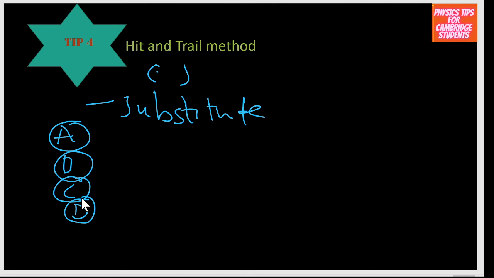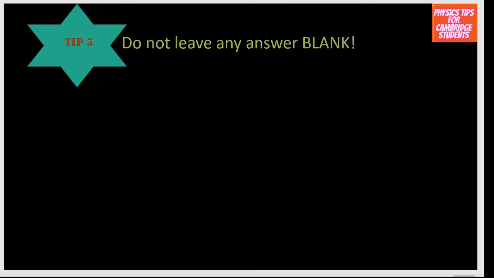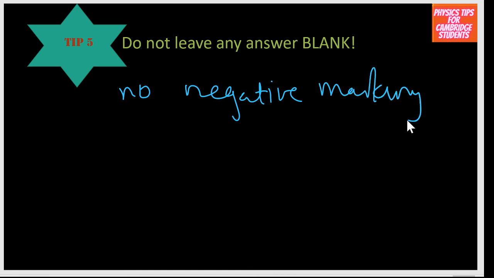Now, tip number 5, you mustn't leave any answer blank. I always emphasize this. There is no negative marking in multiple choice at this stage. So, which means that you should not leave any blank. Okay. So you should shade every question.